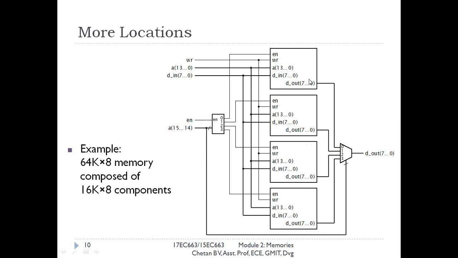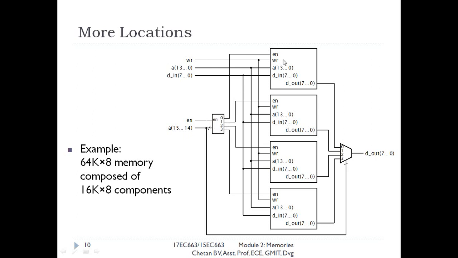Suppose you want to select the first component, then you have to make these address lines, that is A15, A14, 0. Then out of 4 components, the first one will be enabled. Here you can see the first output of this decoder is connected to enable. Whenever you make the input 0, 0, as this is a 2 to 4 decoder, out of 4 output lines, only this will be active.